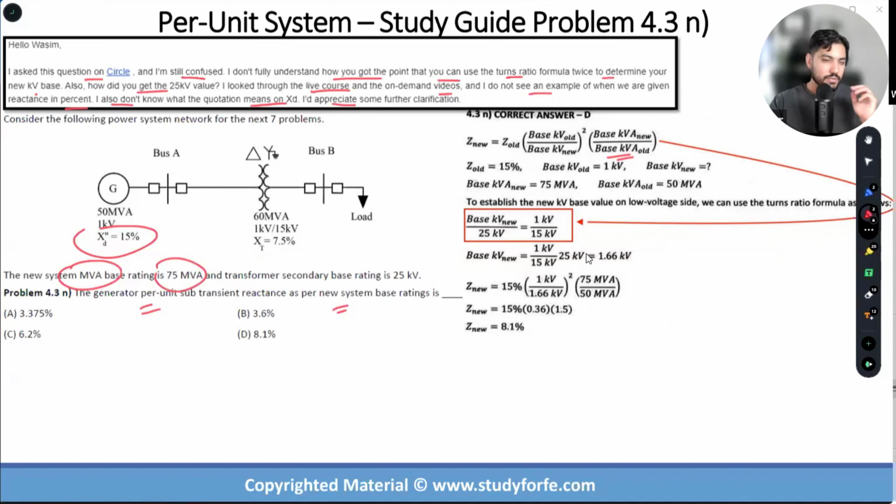I didn't ask you for the Z per unit of a generator. I kept it a little bit tricky. I said subtransient reactance, and I just put double primes on it. So you have to be able to make that connection. You have to be ready for even much more indirect, convoluted wording on the actual exam.